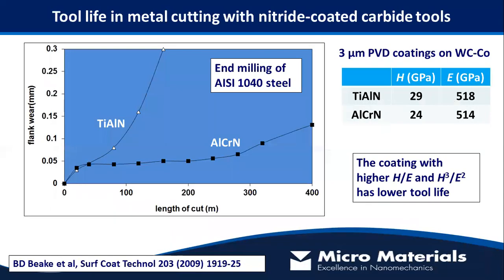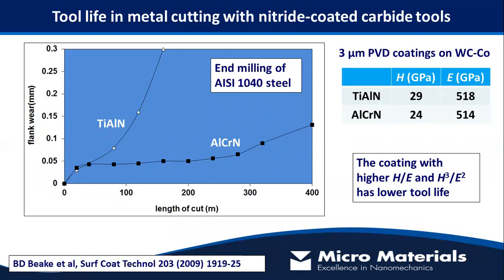Another example where you might assume different behavior than what you actually see is in metal cutting, in this case in the end milling of a structural steel. These are cutting test results for 2 different coatings of very similar stiffness.